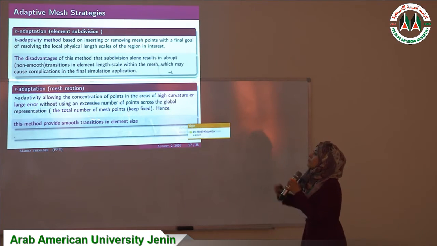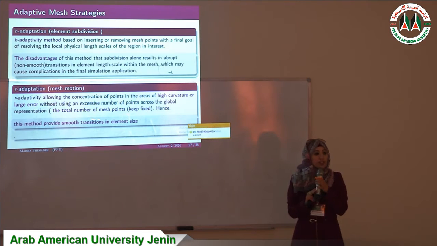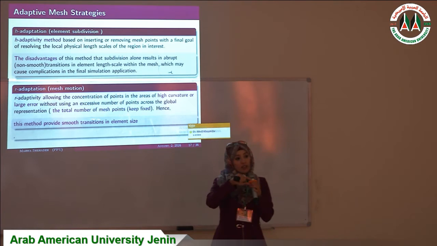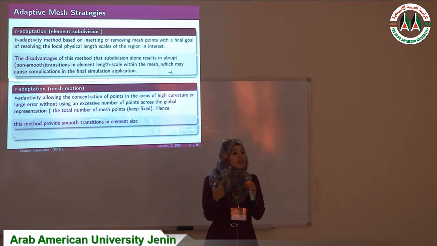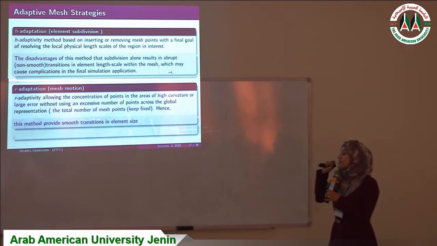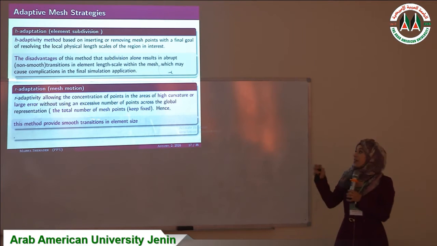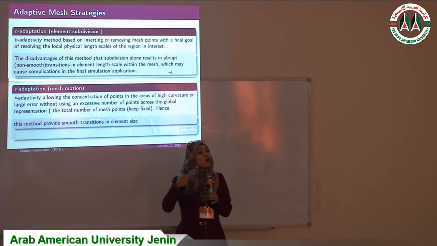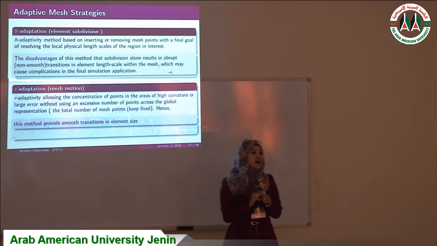H adaptivity, or element subdivision, is based on inserting and removing points with the final goal of resolving the local physical length scale. The disadvantage of this method is that subdivision alone may cause abrupt or non-smooth transitions along the solution.